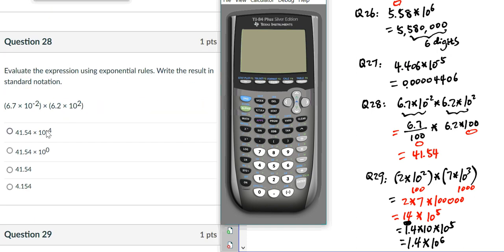Now, 28. We are given one scientific notation number times another one. We want to understand what's the meaning. 6.7 times 10 to the negative 2 is actually 6.7 divided by 100. 6.2 times 10 squared, we know 10 squared is 100.